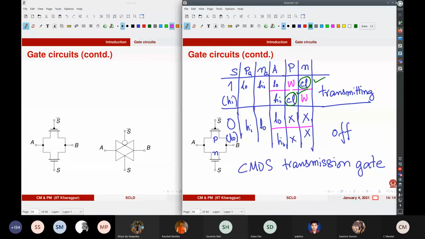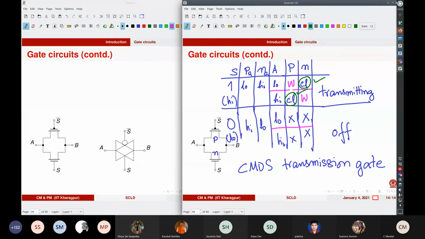Here the N-type transistor is closed, and in this case the P-type transistor is closed. As you can see, it is covering both cases, A low and A high. Both cases are covered.